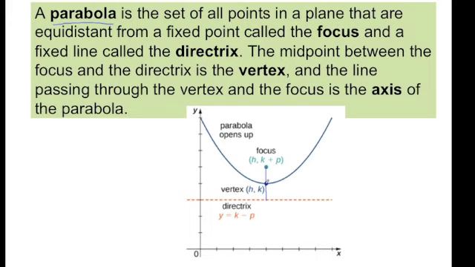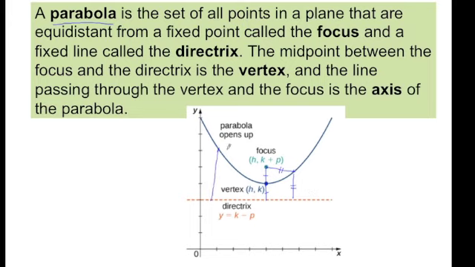So here's my vertex, and they're saying this distance is equal to this distance. Or if I pick some other point on the parabola, this distance here would be the same as this distance here. The same number of lines across means they're equal. We could even go to this point over here.